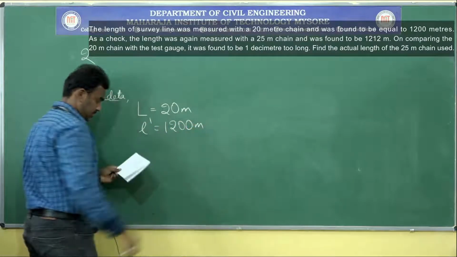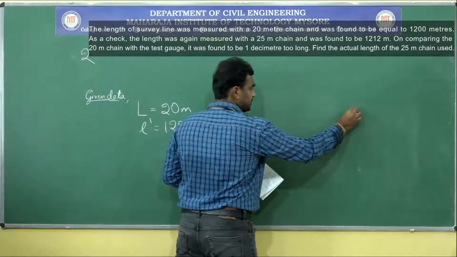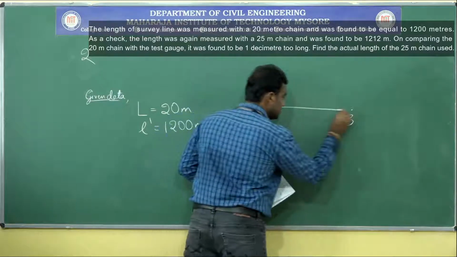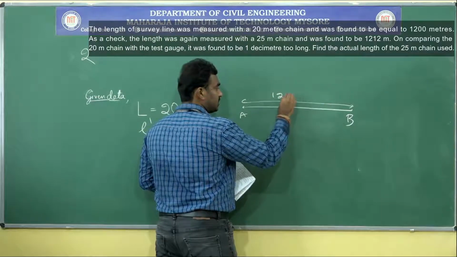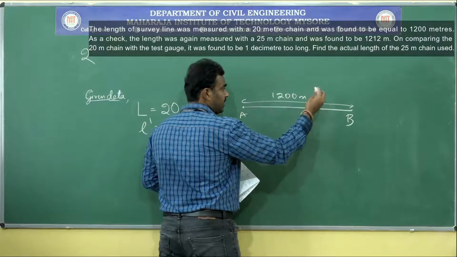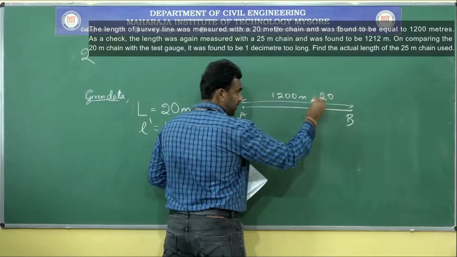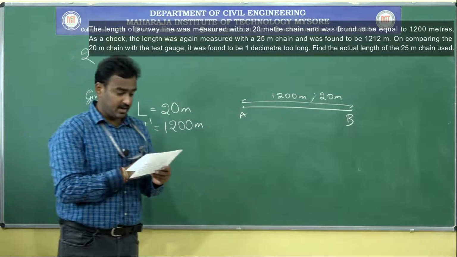So imagine this is a survey line, measured as 1200 meters when they used the 20-meter chain length. Then the next set of data, let us see.